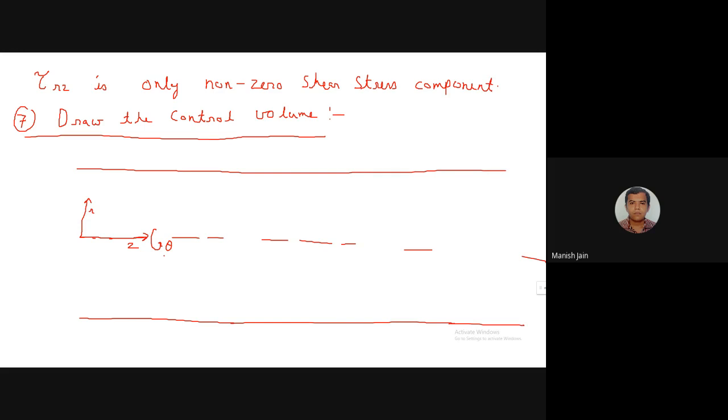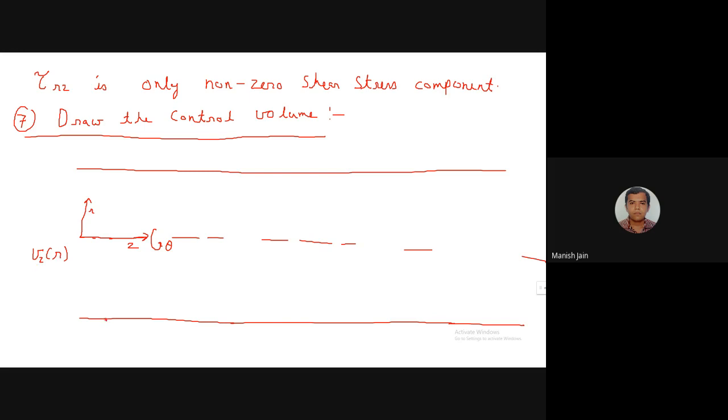So how do we draw the control volume? The first thing you have to check is which direction the fluid is flowing. Fluid is flowing in the VZ direction, the Z direction, and it may depend upon R. In the R direction, velocity is changing.